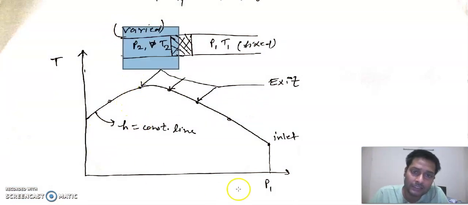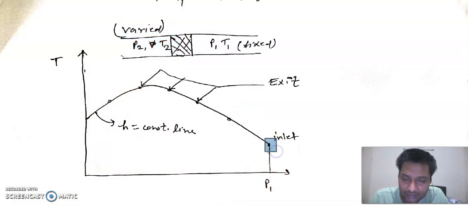So in this graph let us assume this is the inlet pressure P1 and temperature T1, and the outlet is some value at P2 and T2.